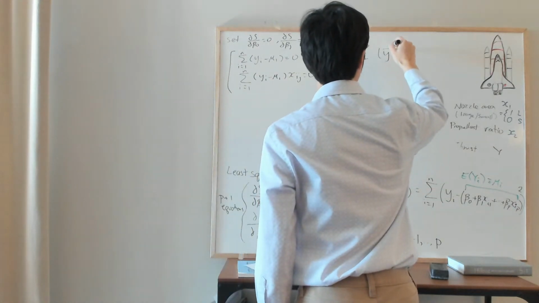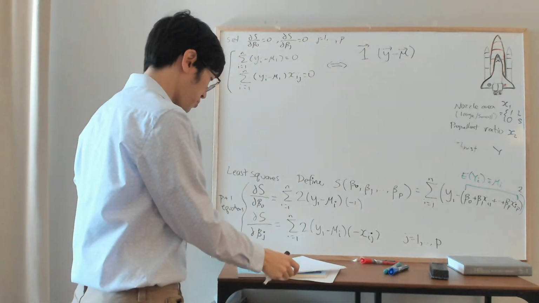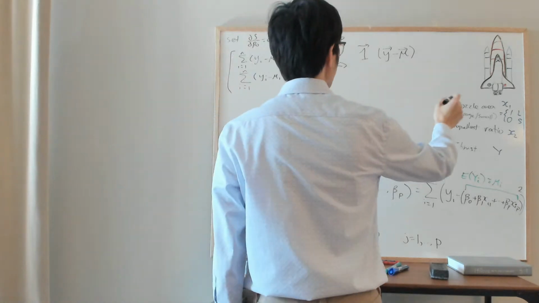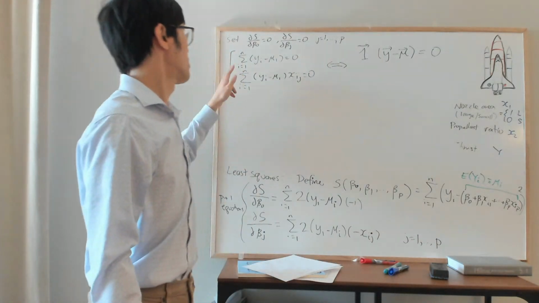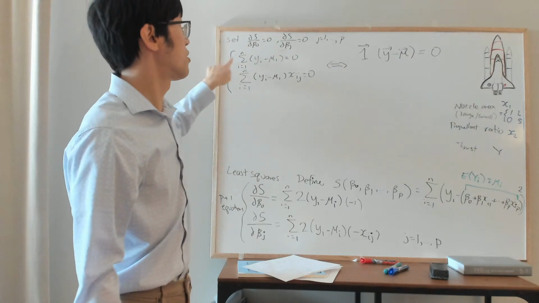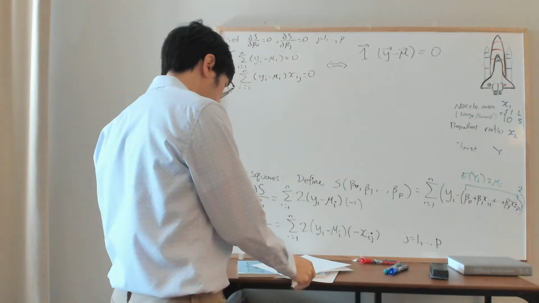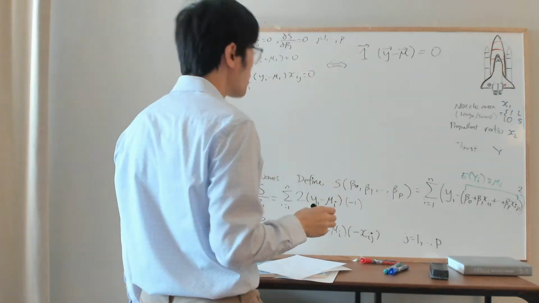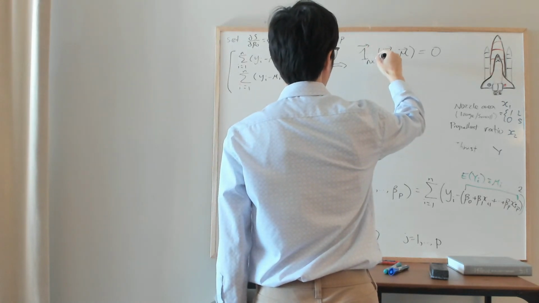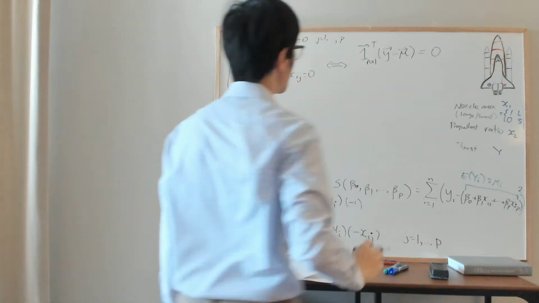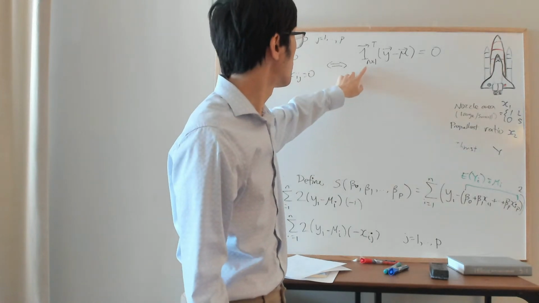So this equals 0. That re-expresses the summation as a dot product of two vectors. Usually what I mean here is the vector of 1s transposed, so we get the notation clear.